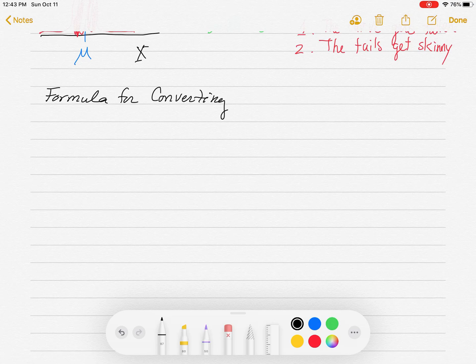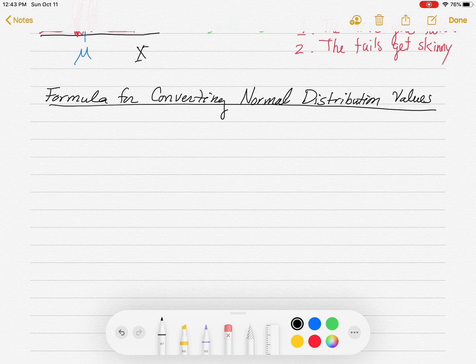So we want to have some formula for converting normal distribution values, these are called your x values, your normal distribution values, to z-scores.